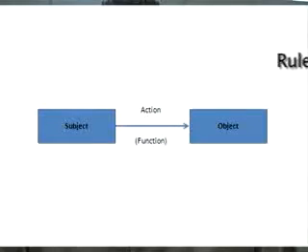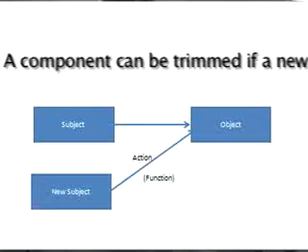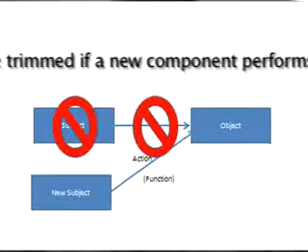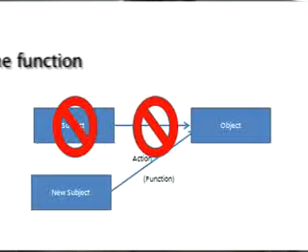A component, such as Rick, can be replaced by a component, such as Dave, if the functionality of the old component is replaced by the new component. More formally, trimming Rule C states that a component can be trimmed from an engineering system if its function is replaced by another existing component in the engineering system or a new component to the engineering system.